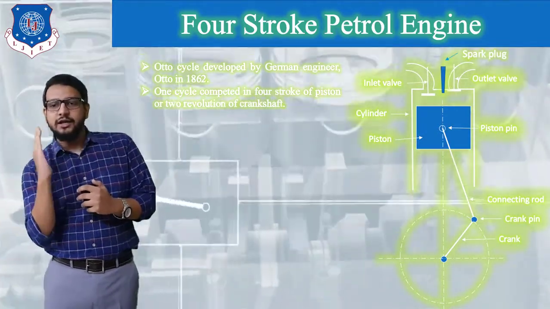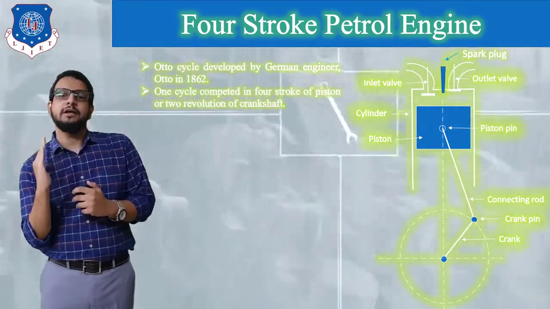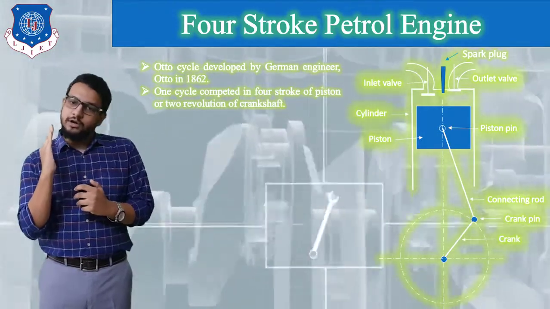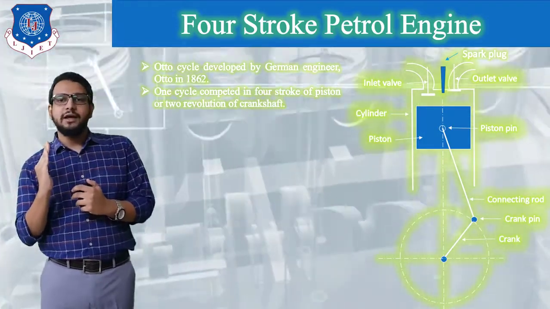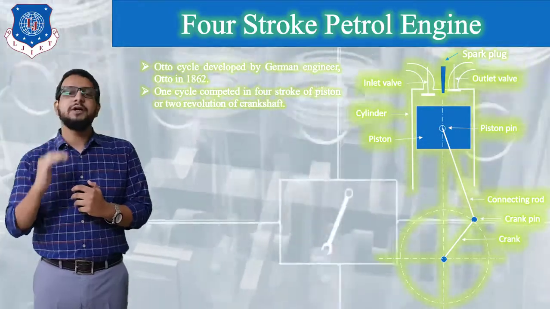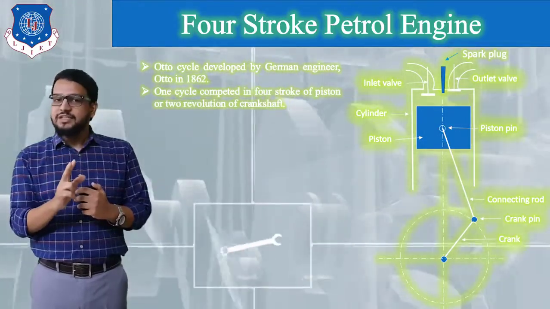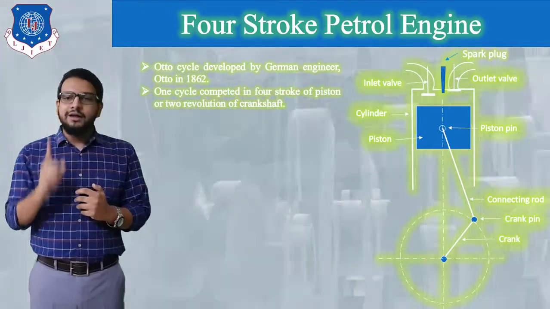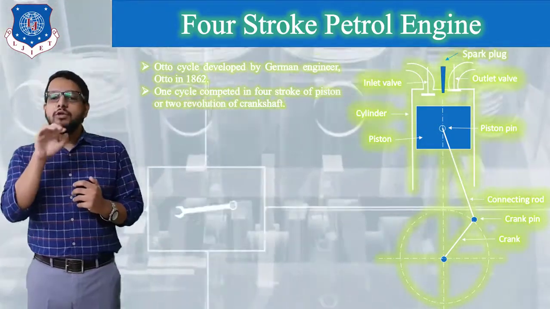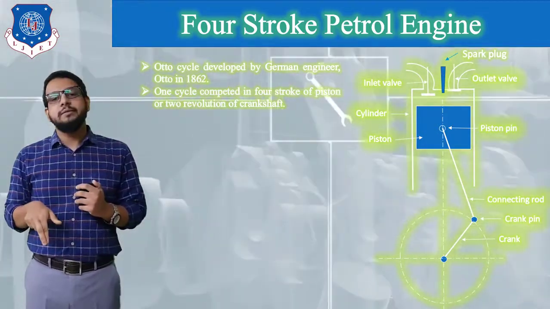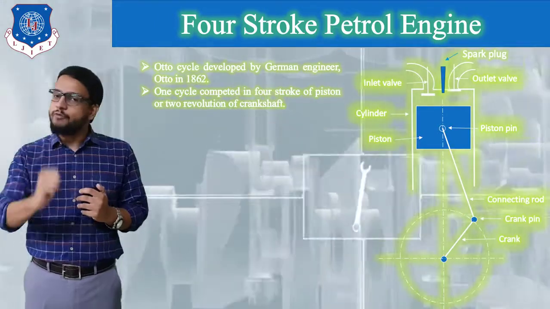Finally, at the bottom position the crank will again be totally vertical, the connecting rod will be straight, and the piston will be at its BDC position. This means that in one stroke the crank moves from its 0-degree position to the 180-degree position, that is, half a revolution is performed.